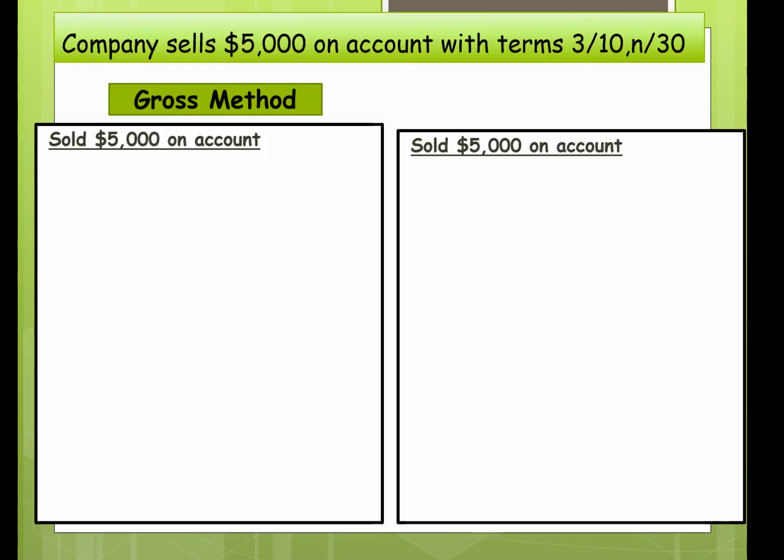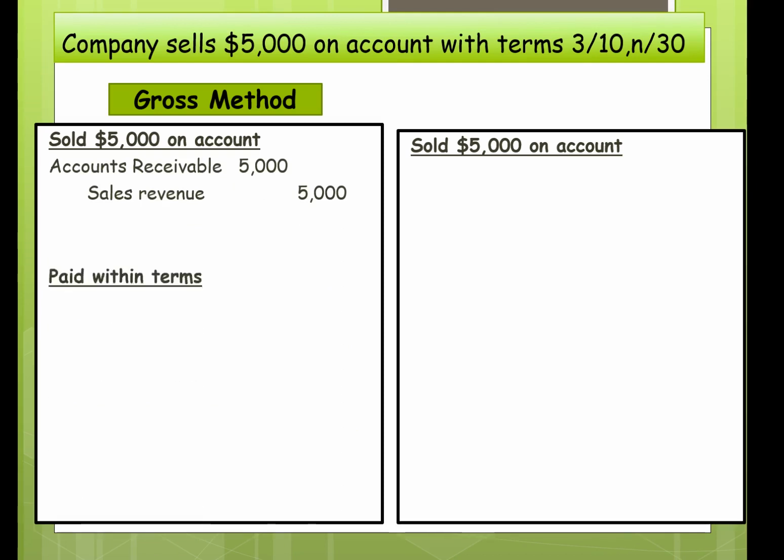So now let's look at an example. A company sells $5,000 on account with terms of 3/10, net 30. So under the gross method, we would book the accounts receivable at $5,000, sales at $5,000.